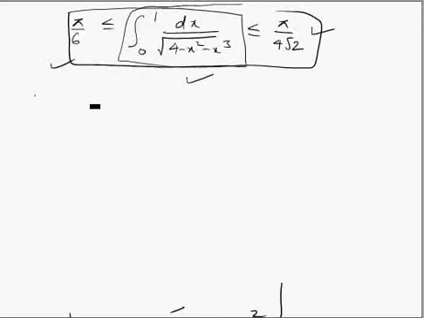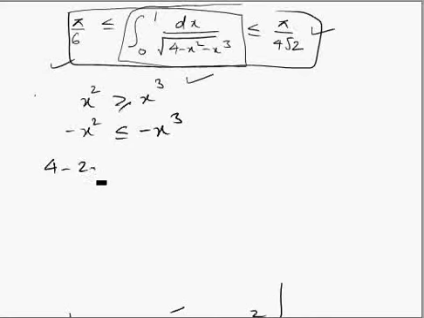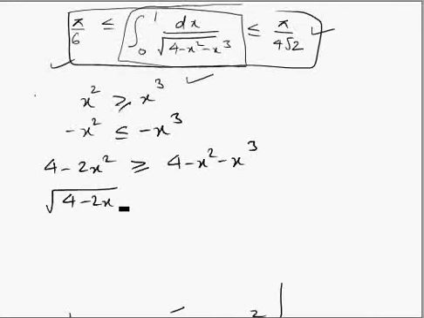Minus x square is less than or equal to minus x cube. So add 4 minus x square to both the sides. Take the square root. Take the reciprocal. If you take the reciprocal, the sign of the inequality will change.